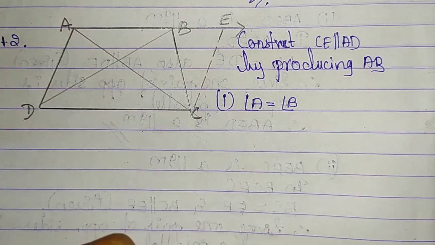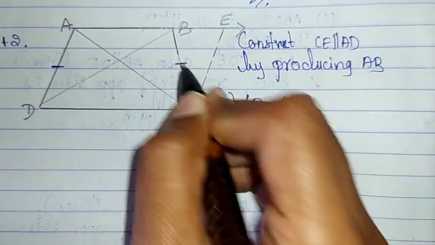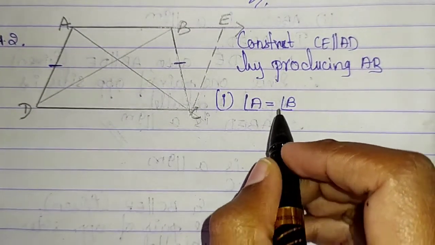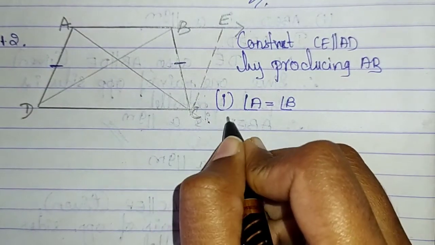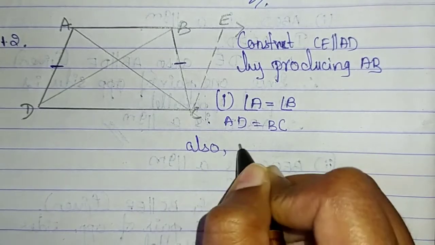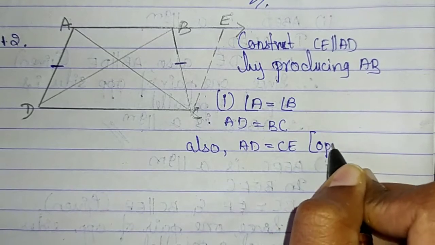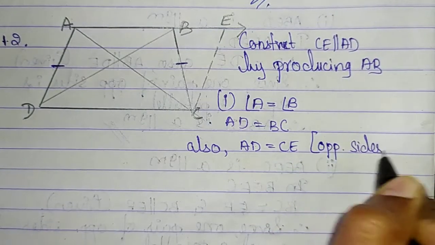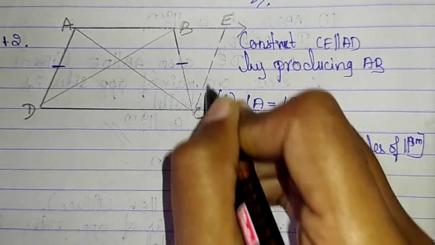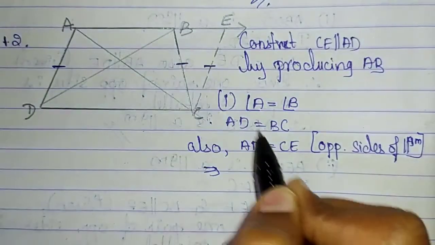We have been told that AD is equal to side BC. So this means that AD is equal to BC. Also AD is equal to CE, opposite sides of a parallelogram. So AD is equal to BC and AD is equal to CE.